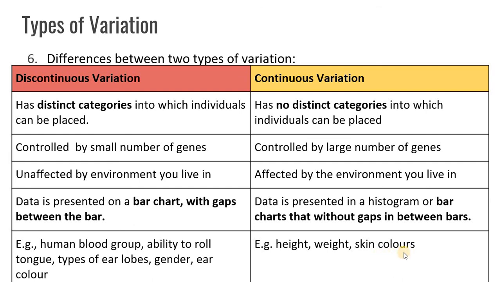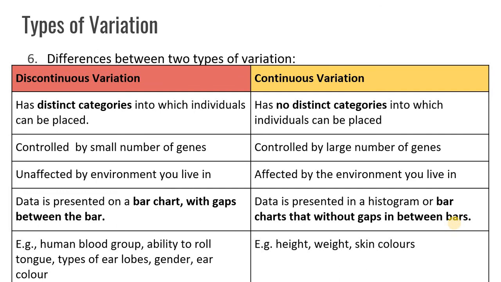Your skin color just changes over time as you are exposed longer to sunlight. That means you are affected by the environment that you live in. Longer exposure to sunlight, of course, makes your skin turn darker.